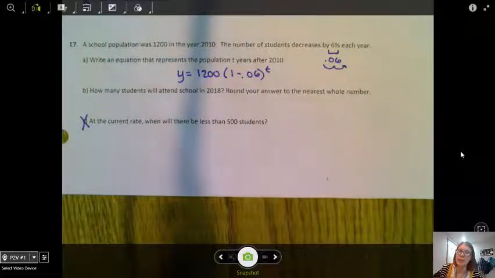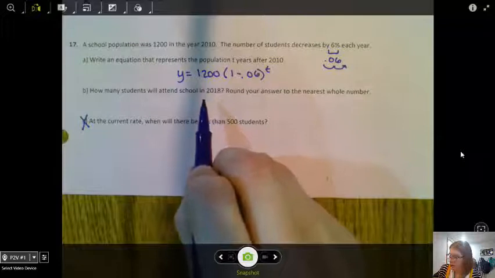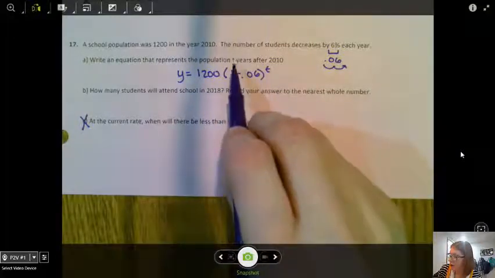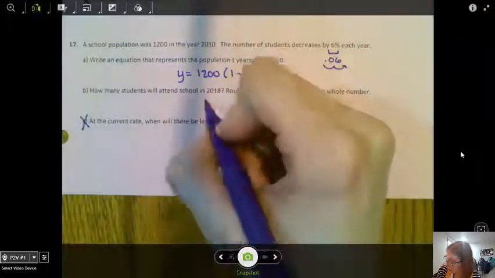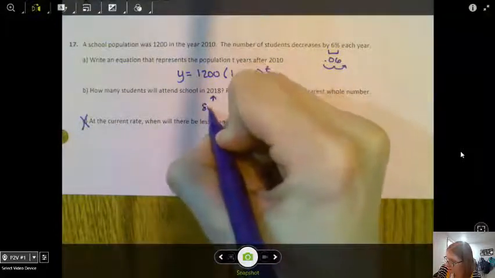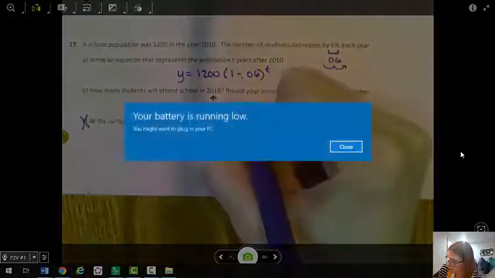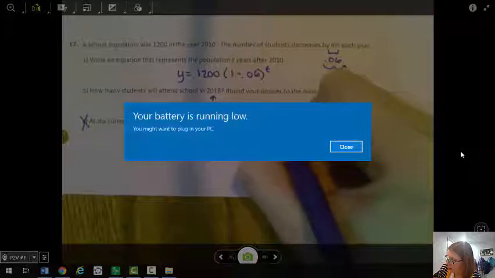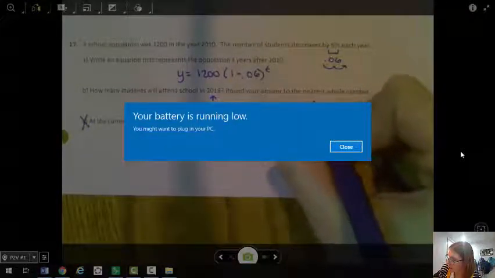Then part B asks, how many students will attend school in 2018? Round your answer to the nearest whole number. In 2018, that is 8 years after 2010. So that means 8 is what I want to plug in for t in my exponent.